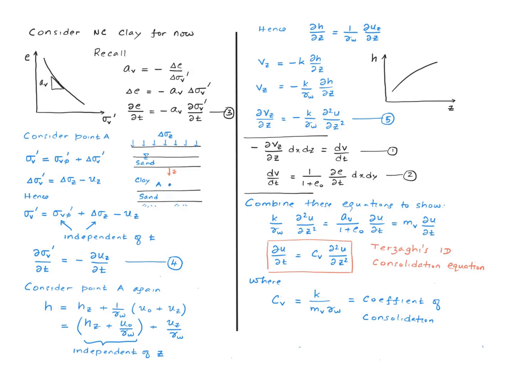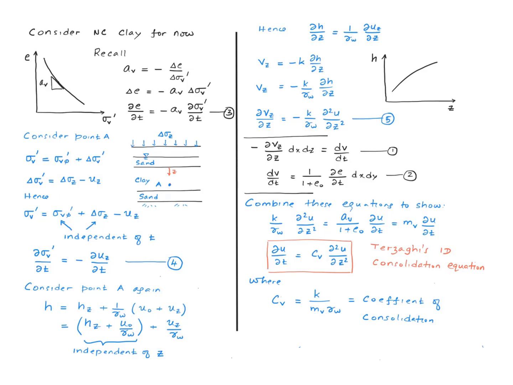In obtaining the solution to this differential equation, Terzaghi assumed that the coefficient of consolidation remains a constant, which is a reasonable assumption, although it's not strictly true, because the permeability is going to change whenever the void ratio changes, right? And similarly, the coefficient of volume change is also going to change because the effective stress keeps changing during the consolidation process.